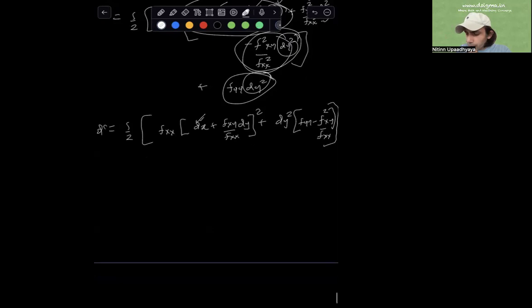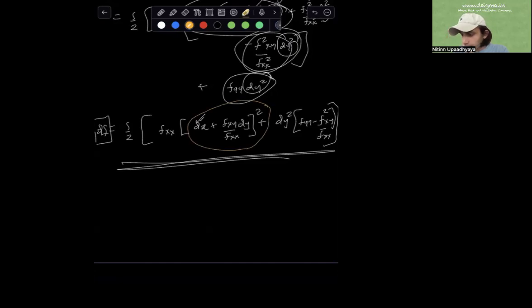So what we found is that the change in the value of the function around a stationary point can be written in the following form on the right hand side. Now notice that we have one perfect square here, so this is always positive. This is dy squared, that's always positive.